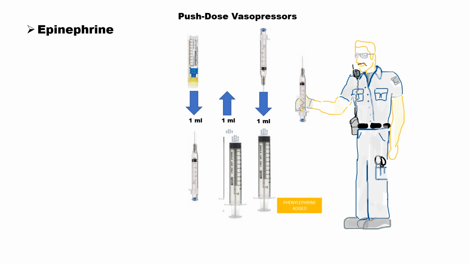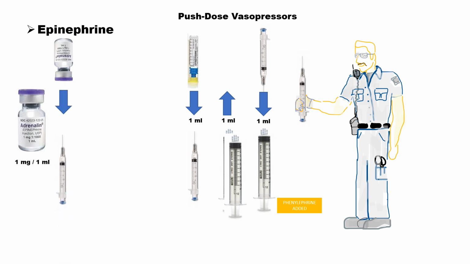If you do not have epinephrine 1 milligram per 10 mL premix, you can make it using epinephrine 1 milligram per 1 mL. You're going to take a 3 cc syringe with a needle, pop the cap, take out the 1 milliliter, 1 milligram of epinephrine. You're going to take your syringe, get rid of 1 milliliter.